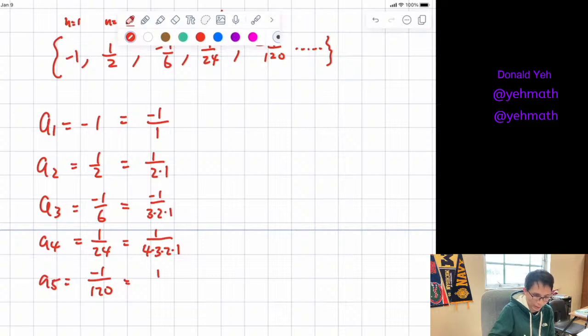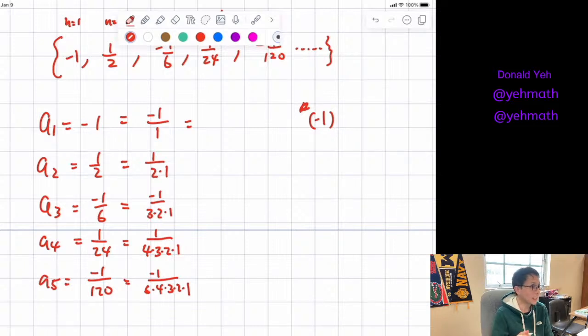And it works for 5 times 4 times 3 times 2 times 1. It works for everything. So we know the first term is going to be negative. So -1 is to what kind of power? n or n plus 1? n, because you want the first term to be negative.